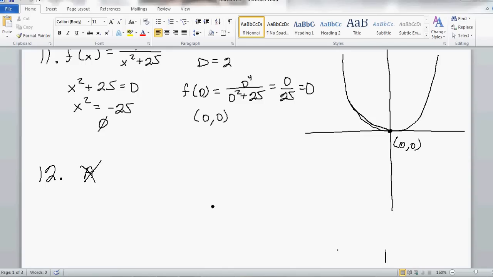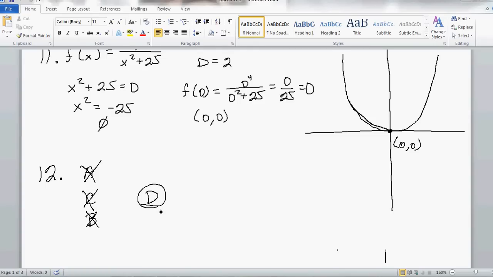So it can't be C, because we have graphs in the first and second, not the first and third. So C has to be thrown out. Likewise, B would be just a compression of the original 1 over x. So by process of elimination, we would see that the answer is D.